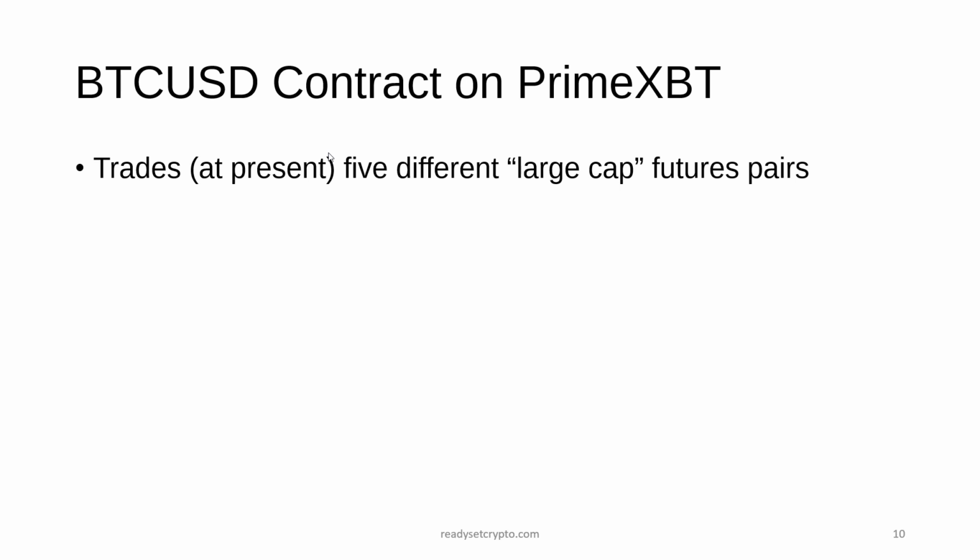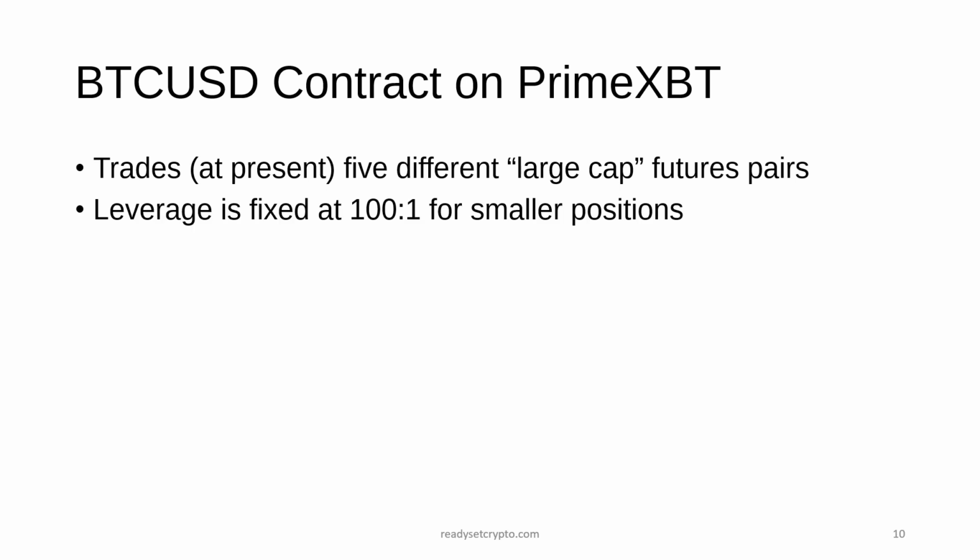So if one's not moving, perhaps something else is, although they do tend to trade kind of in sympathy with each other. Leverage is fixed at 100 to 1 for smaller positions. That does change in a sliding scale as you get larger. You can go short as easily as going long. So just like the regular futures contracts, there's no difference between going short versus going long. Again, that is not the same for every vendor.